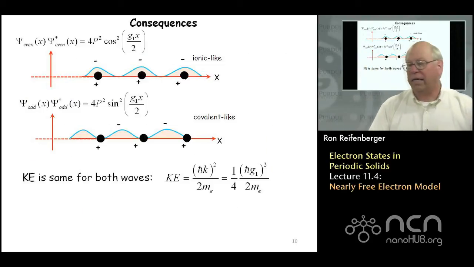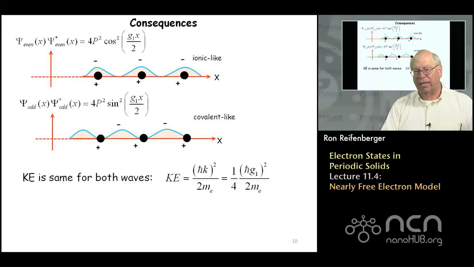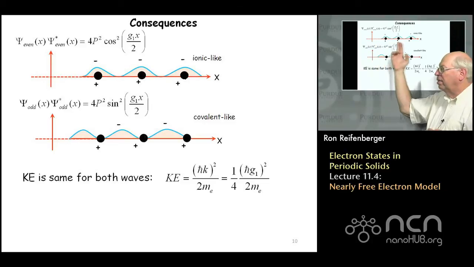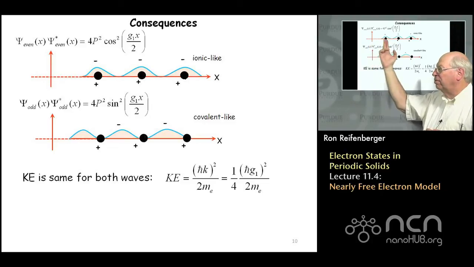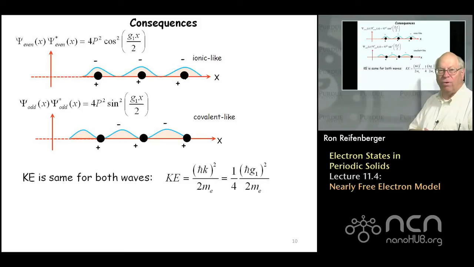Well, the so what comes about when you plot the wave function times its complex conjugate as a function of x. And what you find is that for the even wave function, the probability density of that electron state is actually lined up with the atoms in the crystal.